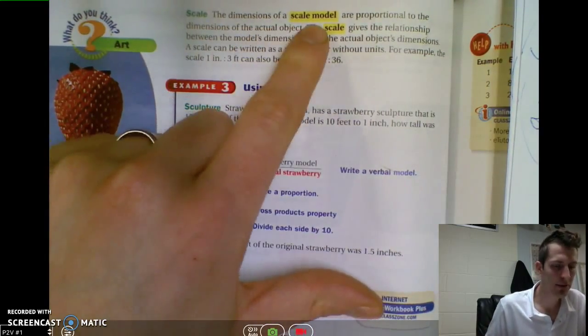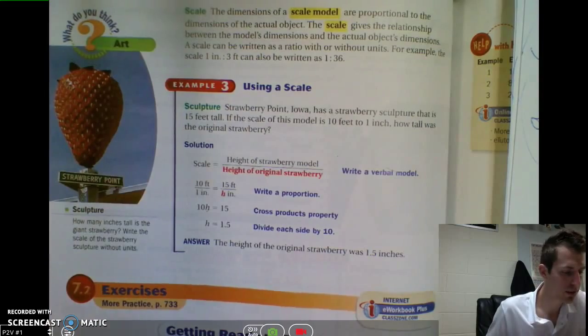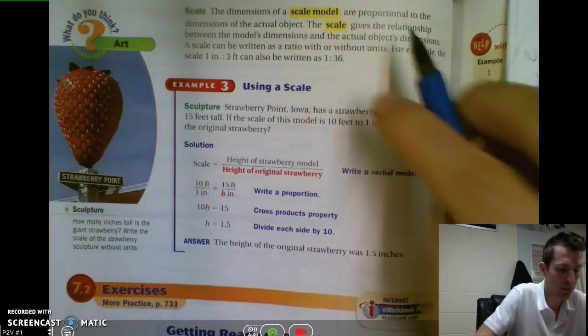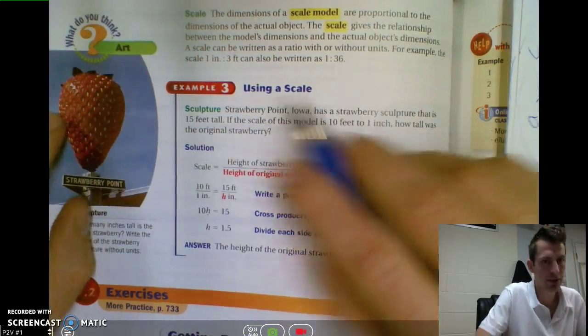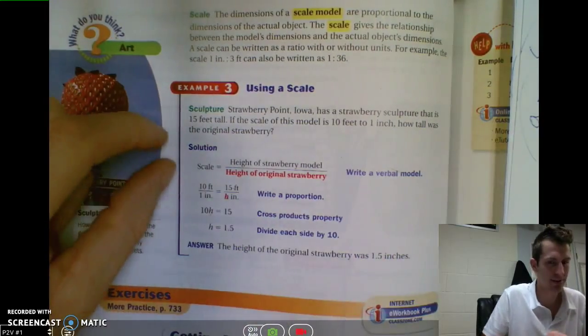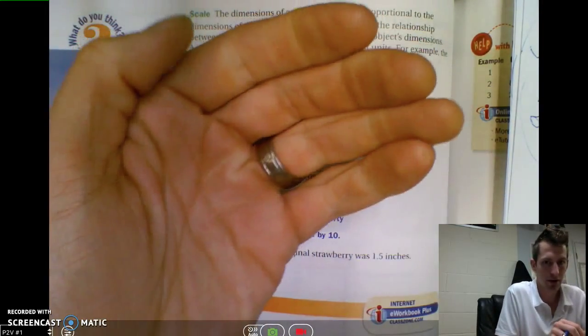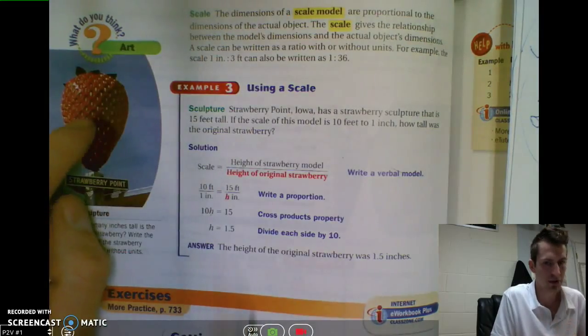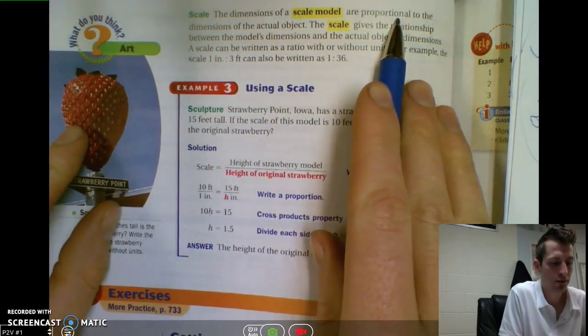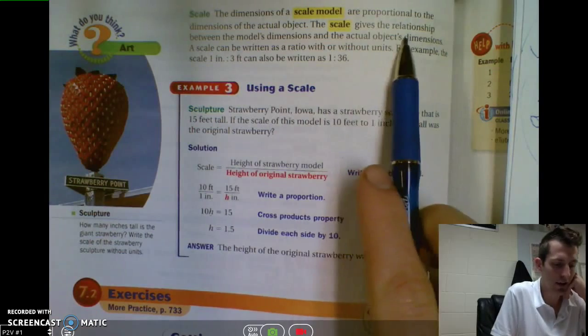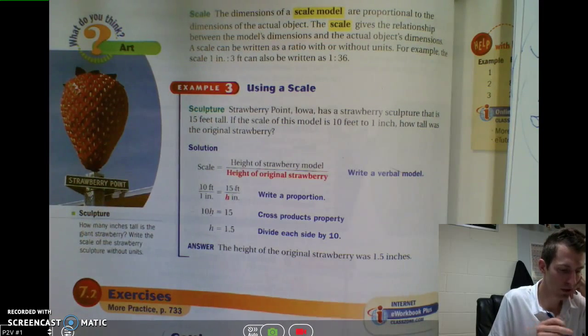So the dimensions of a scale model are proportional to the dimensions of the actual object. The dimensions of this strawberry are obviously not the same as the dimensions of the little strawberry that you can hold in your hand, but they are proportional. The scale gives the relationship between the model's dimensions and the actual object's dimensions.